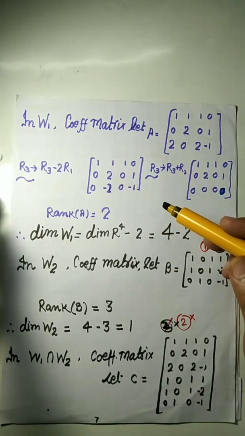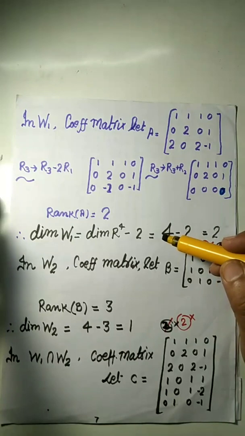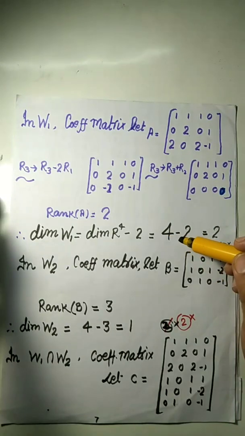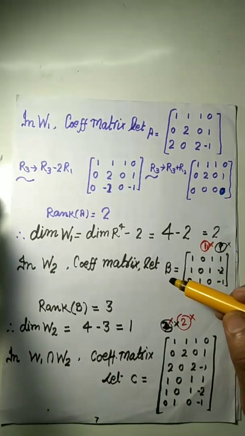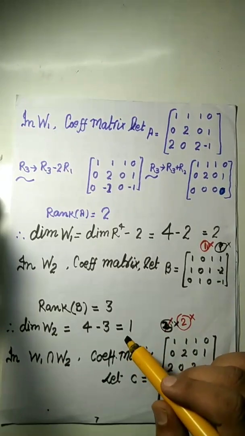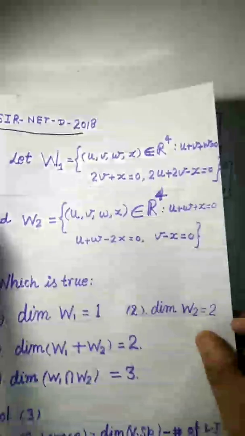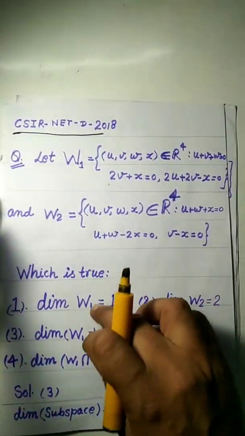So this is 4 minus 2 is 2. For W2, this is coefficient matrix. Rank will be 3. Dimension W2 is 1. Option 2 is not correct. Option 1 is not correct.